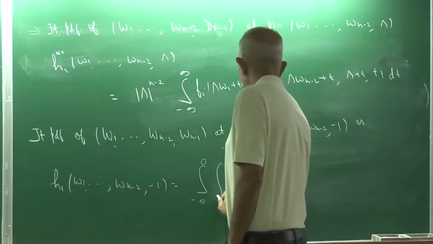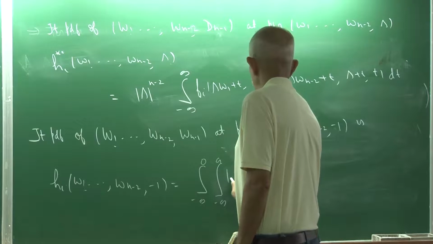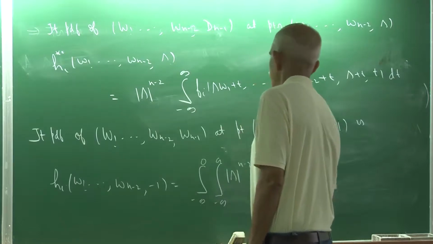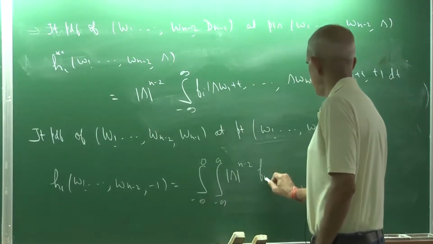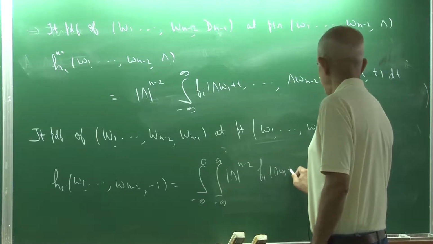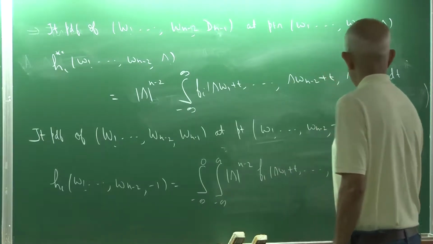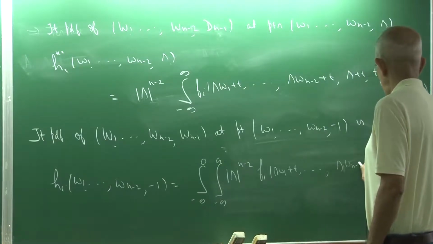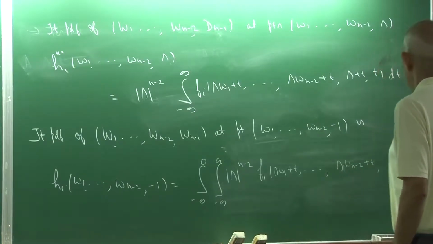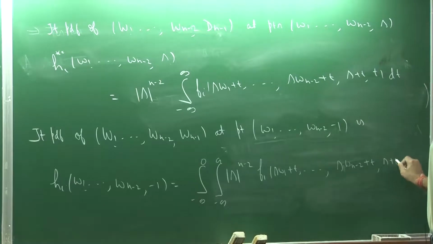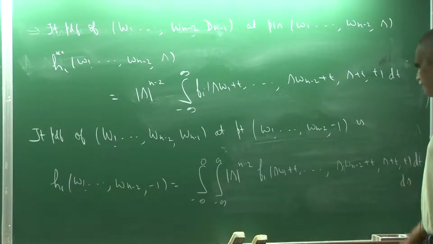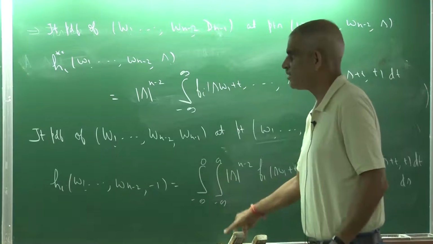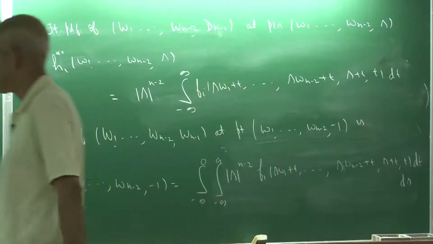And then you can write down minus infinity to infinity mod of s to power n minus 2 phi of sW1 plus t, sWn minus 2 plus t, s plus t, t dt ds. I convert this range into 0 to infinity, so that means I put s equal to minus s.